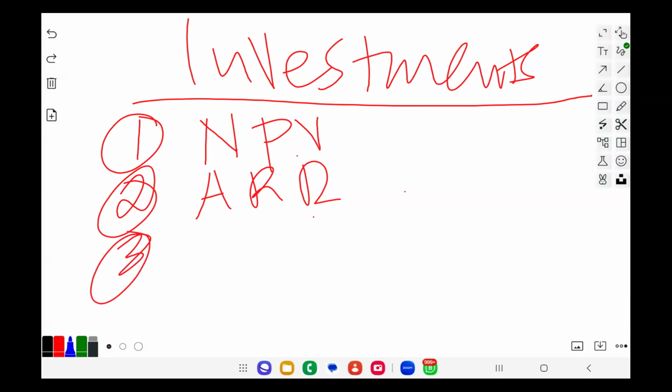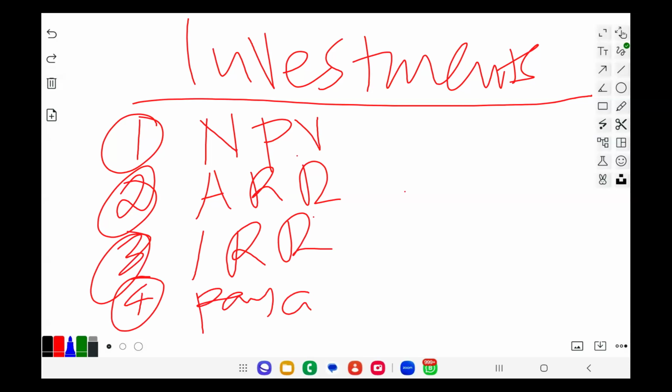We also have IRR, the internal rate of return, which is also one of the tools used. And finally, we have the payback period.